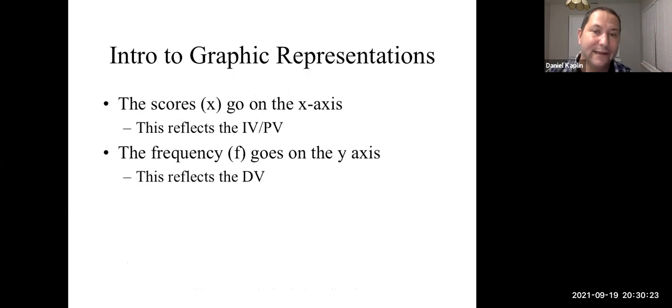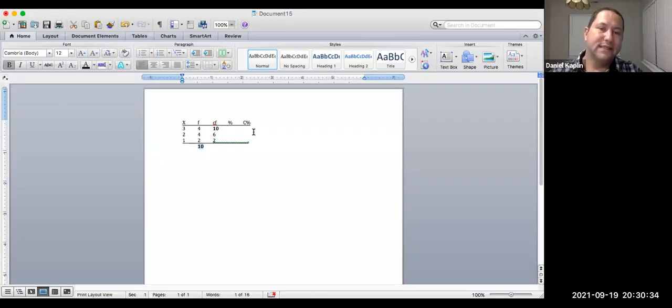Now, I said that we should be able to do that with our data set too. So let me go back into that Word file, right? So here we are, and we're gonna do our percents. Now, the formula was F for frequency divided by N, which is the total number of participants, times 100.